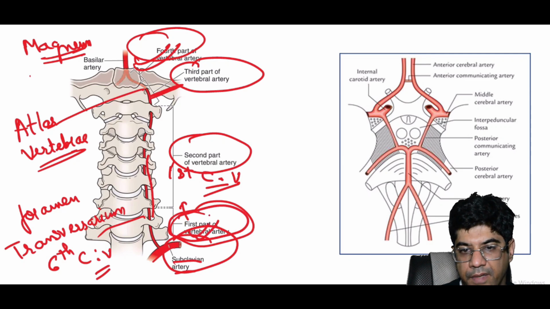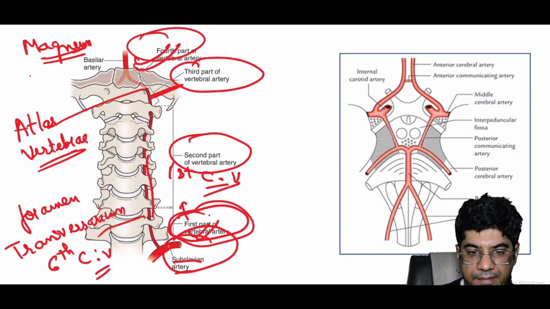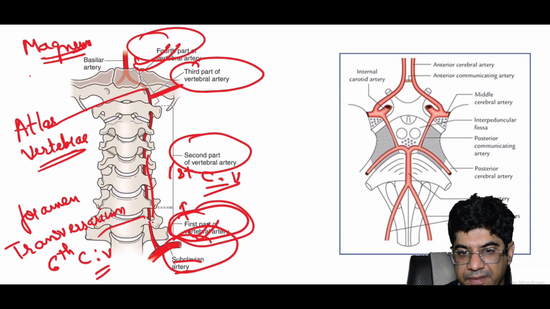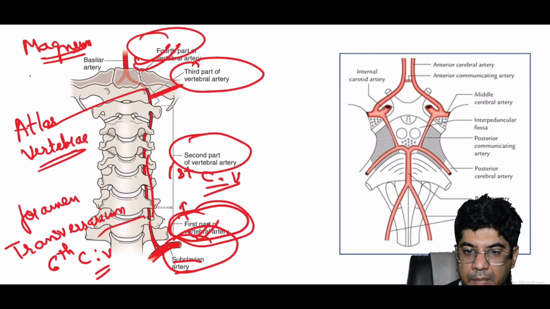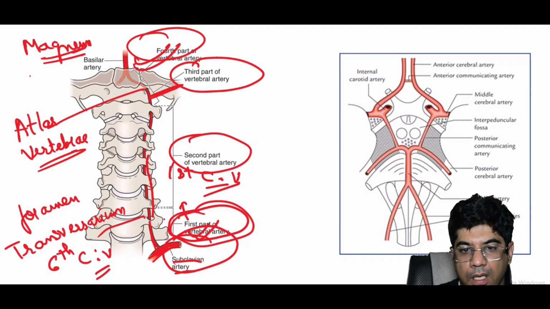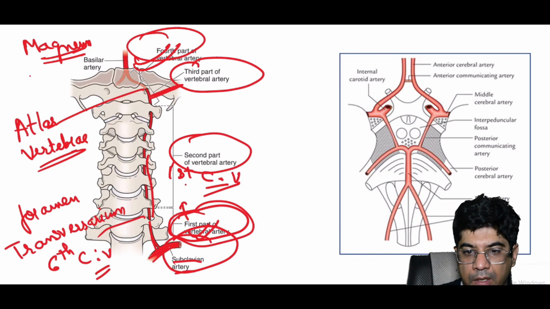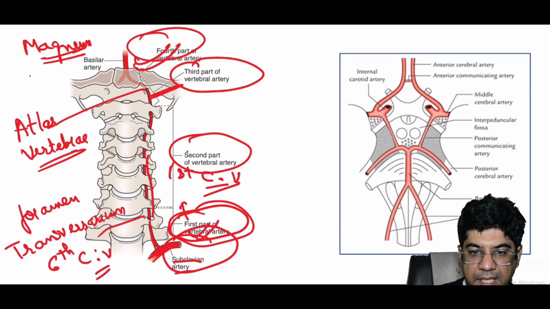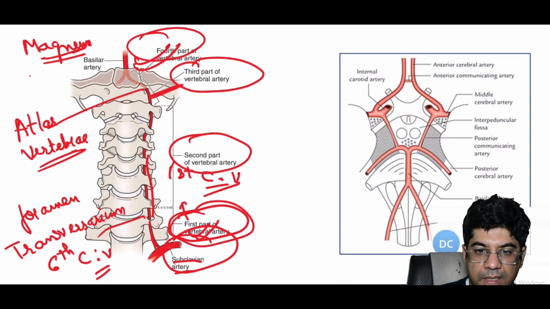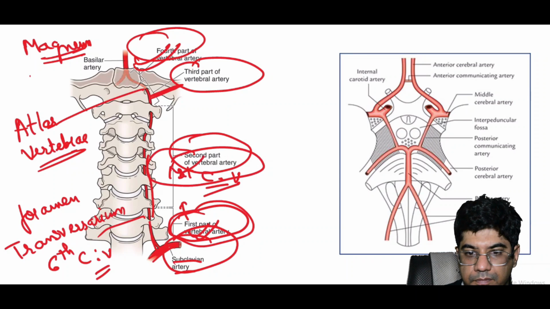The second part continues its journey by passing through the foramen transversarium of the cervical vertebrae, and it travels through the openings of the sixth, fifth, fourth, third, second, and the first cervical vertebra.